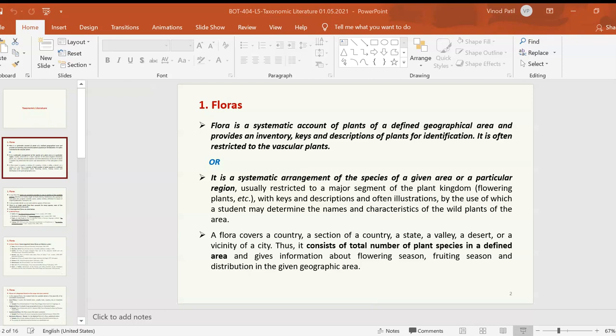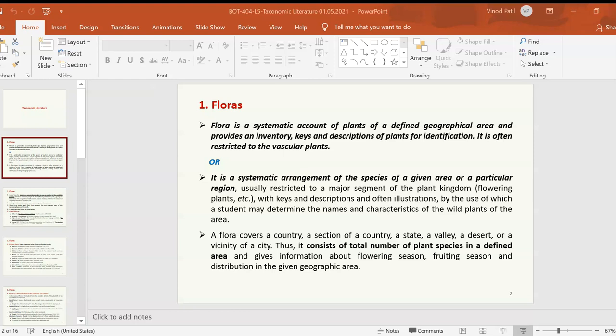For an example, Sir V.N. Naik, along with his students, published a two-volume book, volume 1 and volume 2, called the Flora of Marathwada. Likewise, Sir Almeida published in multiple volumes the Flora of Maharashtra.